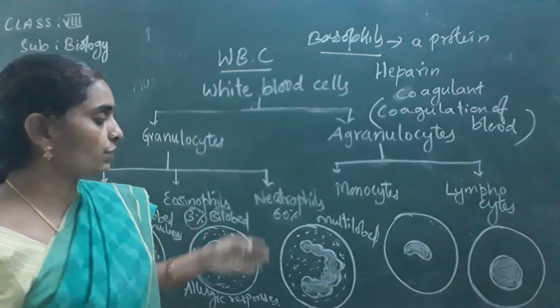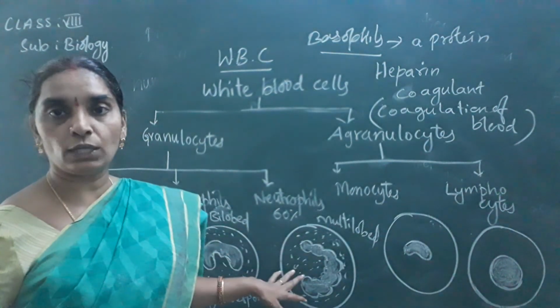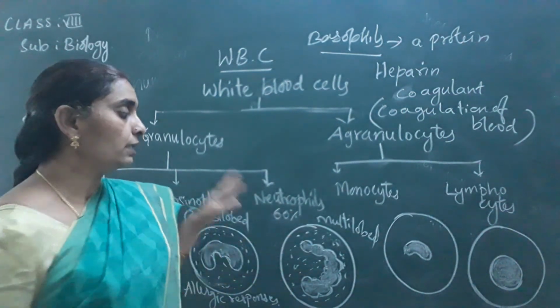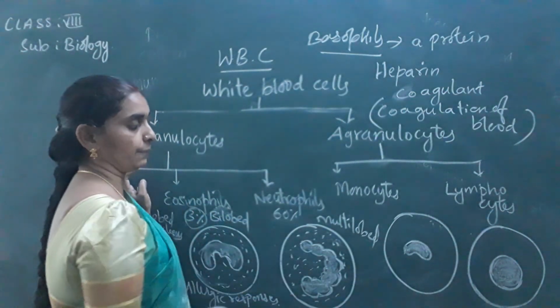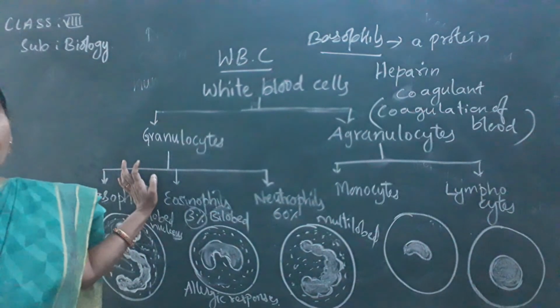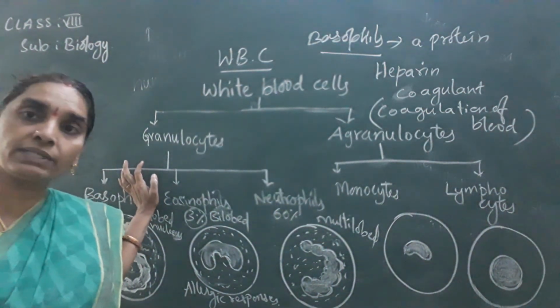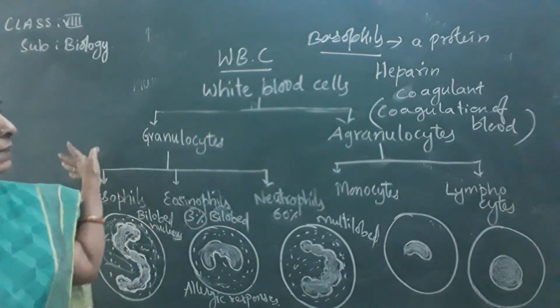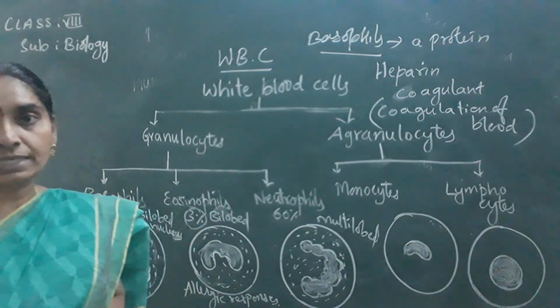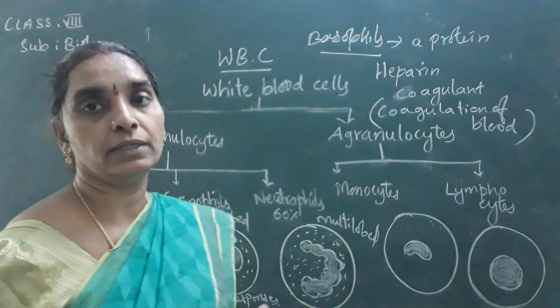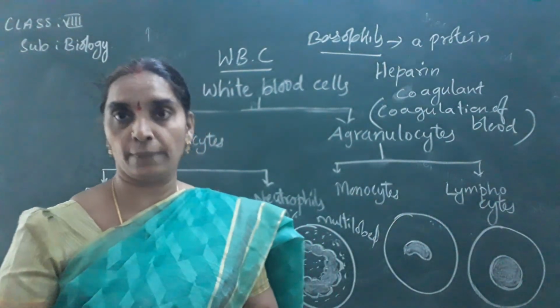Next, neutrophils are multi-lobed. They are about 60% of our blood cells, and they mainly increase in number. Even if they die, they increase in number again. That is about the blood cells in our body. Blood cells always vary in size, shape and structure.